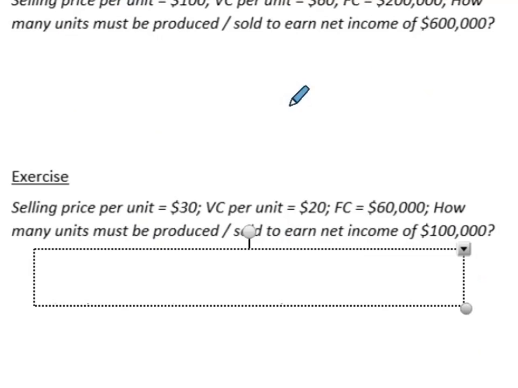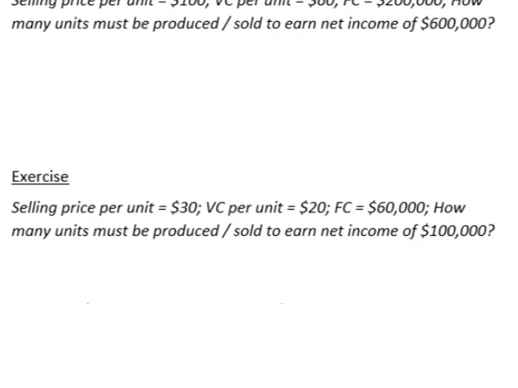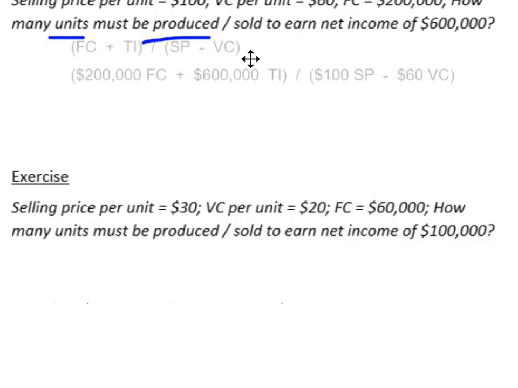Now let's take a look at a couple more calculations regarding target net income. So we have a problem here where the selling price per unit is $100, the variable cost is $60, and the fixed costs are $200,000. Now how many units must be produced and sold to earn a target income of $600,000?